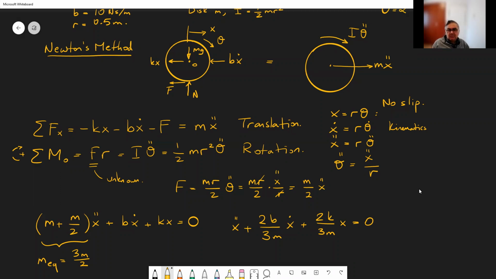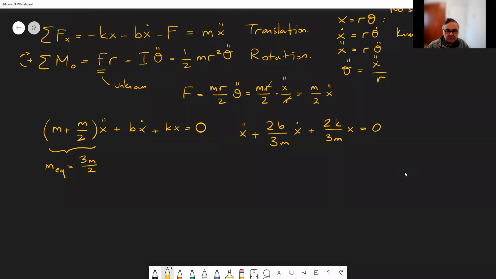And in our standard form, remember that we had x double dot plus 2 zeta omega n x dot plus omega n squared x equals 0. So these terms correspond to each other. For example, the natural frequency squared is 2k over 3m.